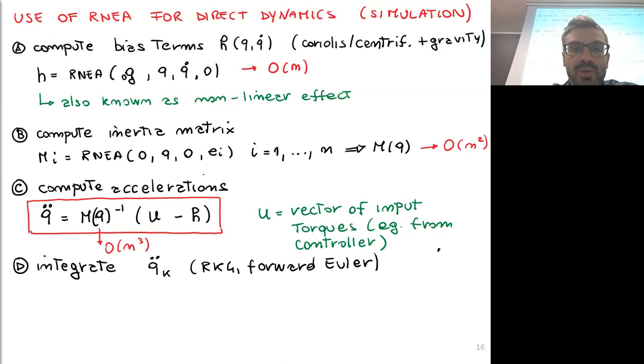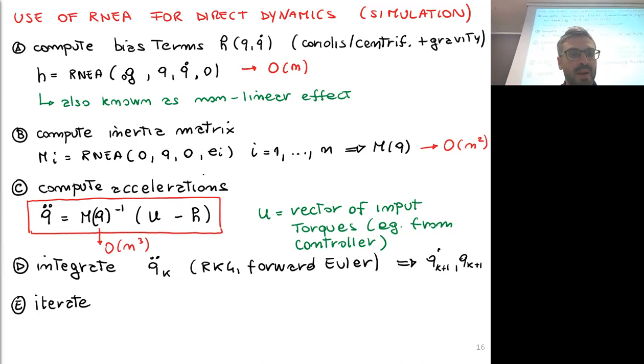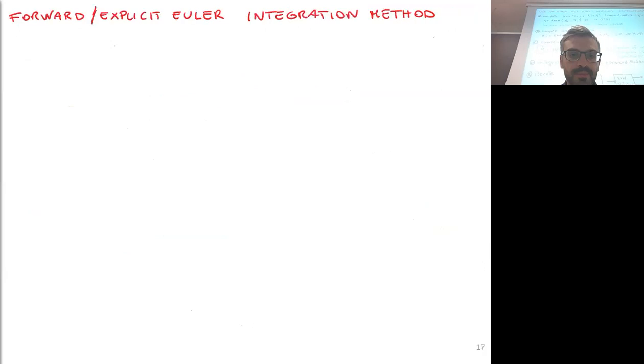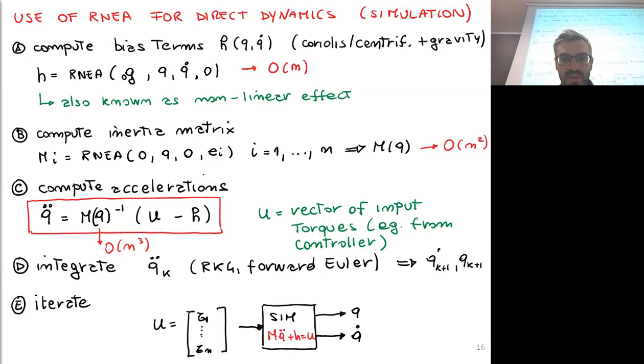We can use Runge-Kutta-4 or forward Euler. We can see briefly the forward Euler description. Integrating the acceleration, we update the vector of joint velocities and positions for the next step, and then we iterate. This is our simulation block that we will implement in the final lab of this course.